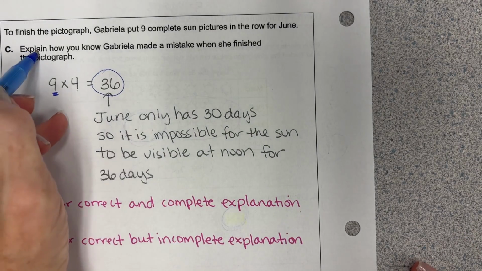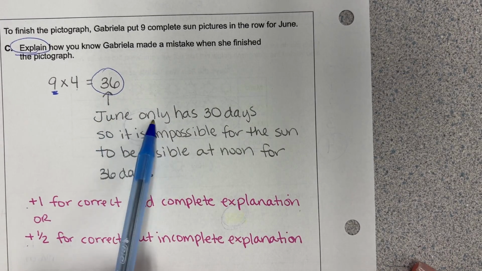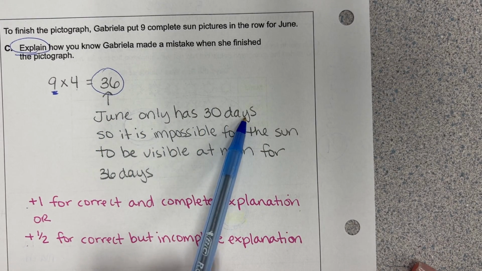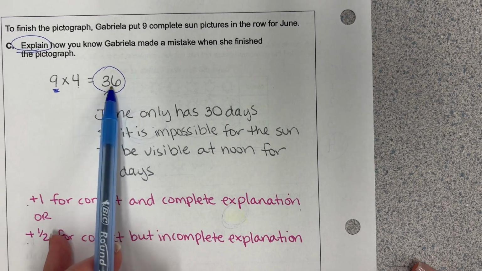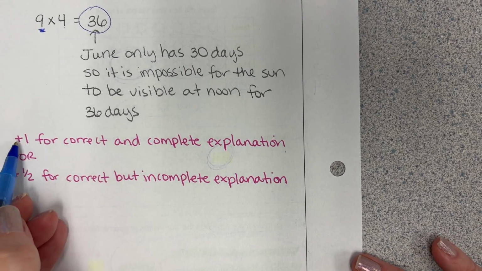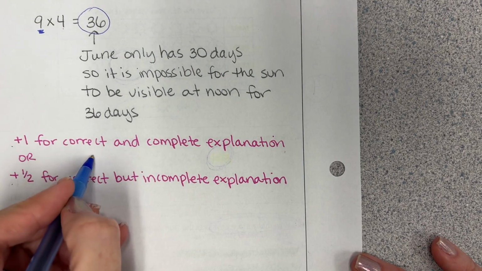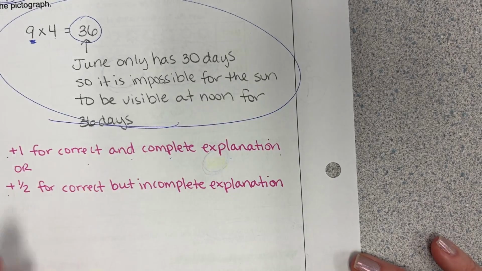My explanation was this: June only has 30 days, so it would be impossible for the sun to be visible at noon for 36 days. So what would they give me? They would give me a whole point for the correct and complete explanation, which is exactly what that is.